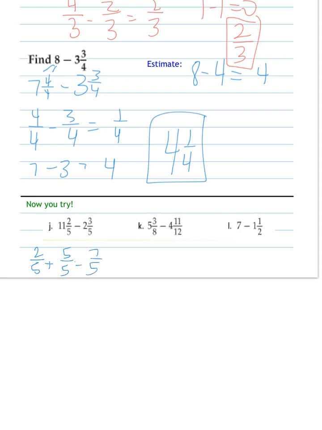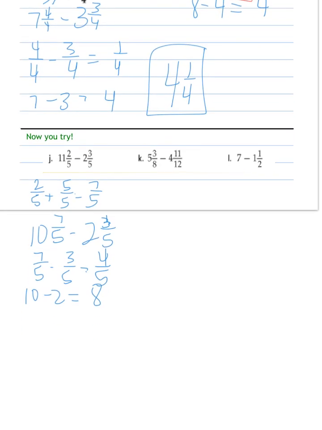So my new 11 2/5 becomes 10 7/5 minus 2 3/5. 7/5 minus 3/5 equals 4/5. 10 minus 2 equals 8. So our answer for this one is 8 4/5.